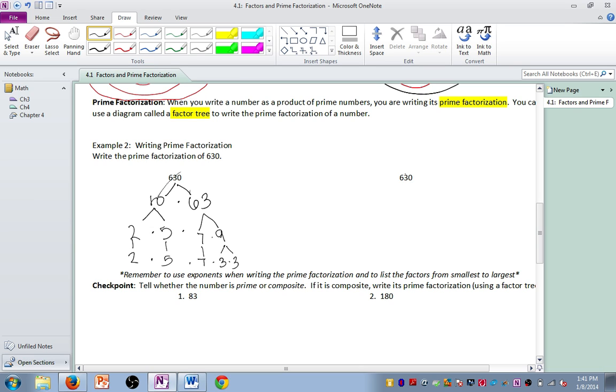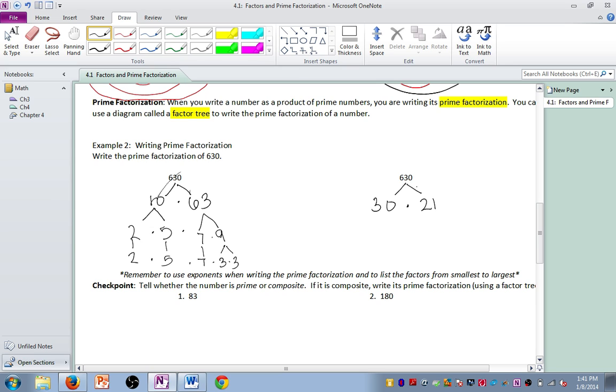There can be more than one way to do a factor tree. 630 can also be divisible by 30 and 21. When I multiply those two numbers together, I also get 630.